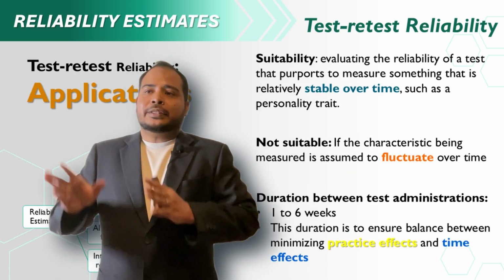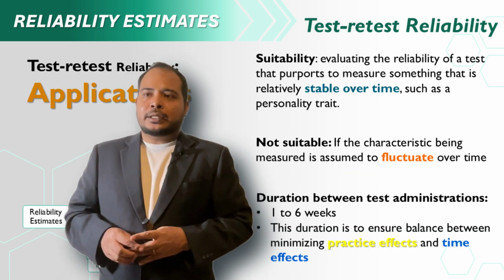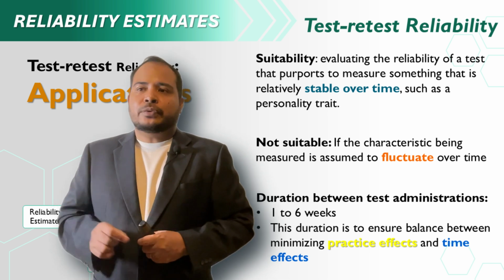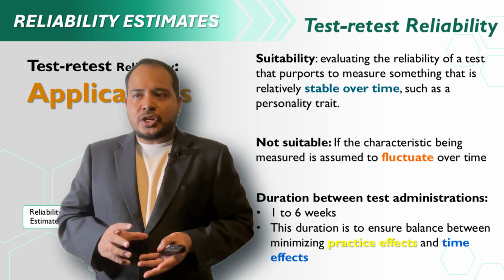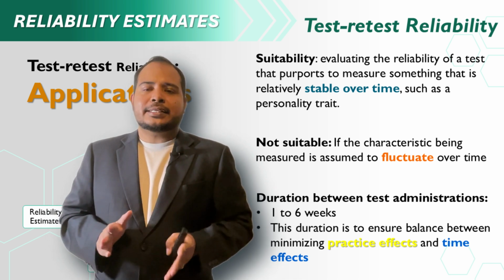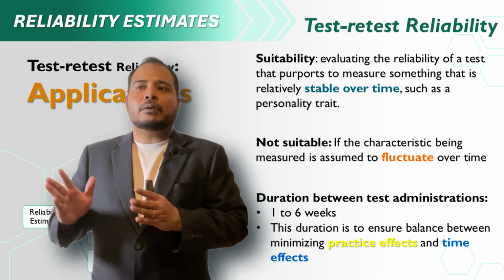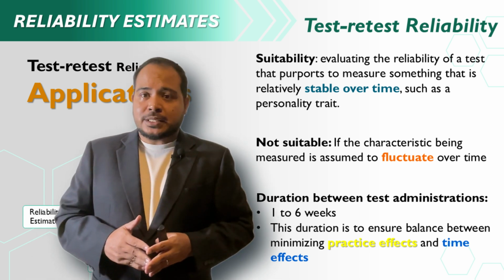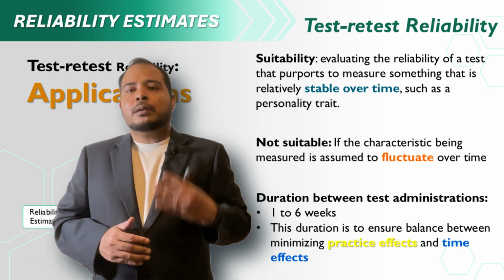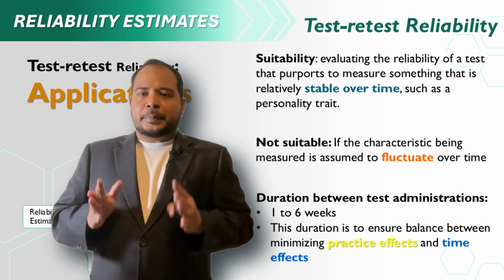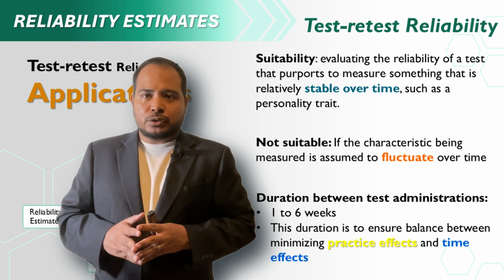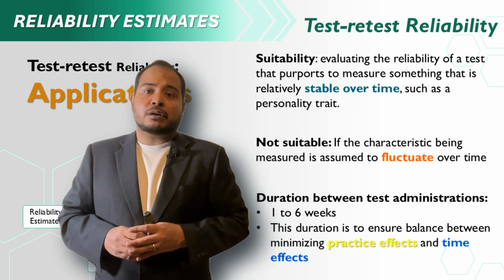For test-retest reliability, we can use it to evaluate the reliability of a test that aims to measure something relatively stable over time, such as personality traits. If you recall what you learned in personality psychology, personality traits are very difficult to change in a very short period of time.